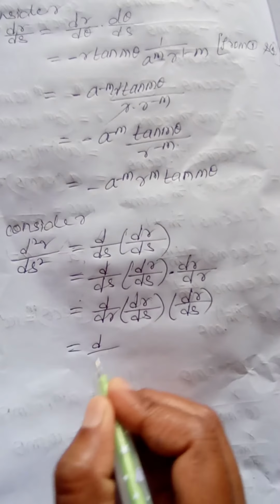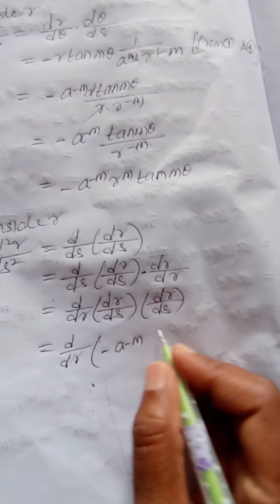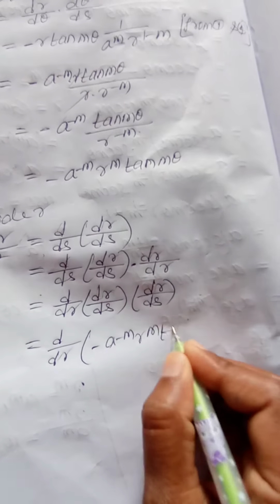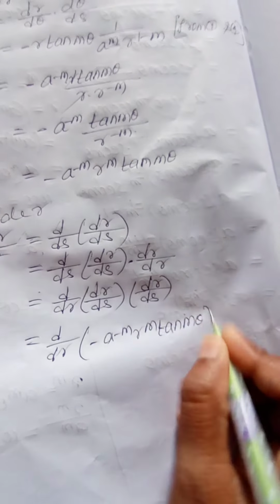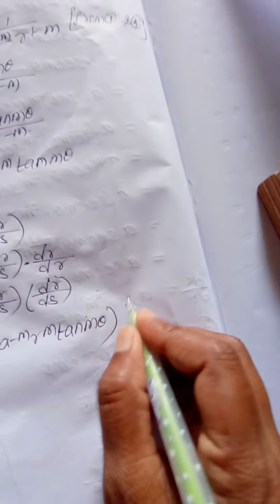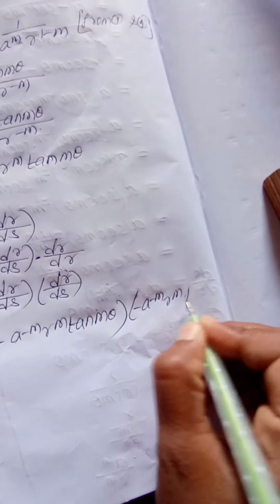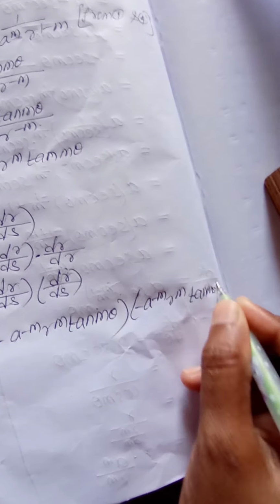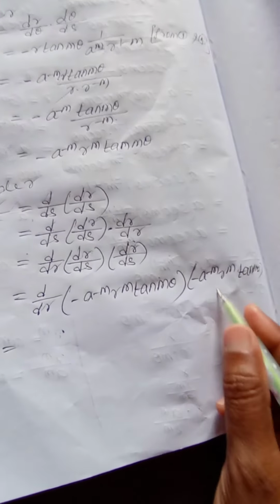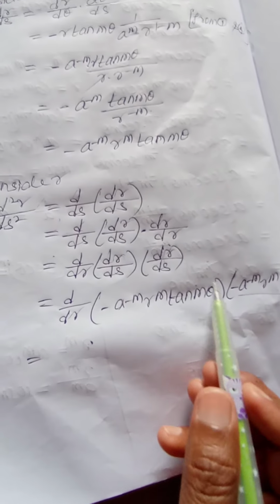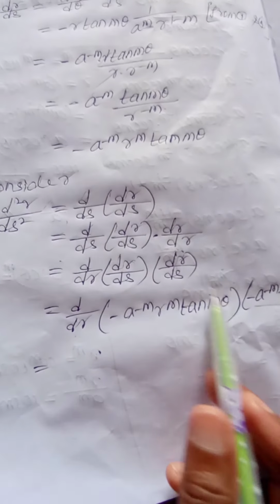So d by dr of minus a to the power of minus m r to the power of m tan m theta, and this is also the same value, minus a to the power of minus m r to the power of m tan m theta. Okay, so this is constant, so we have to differentiate d by dr of only this term.